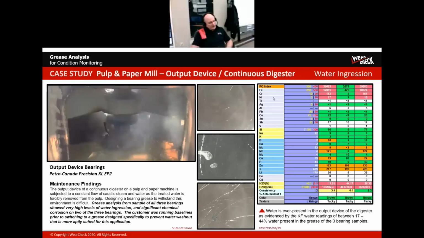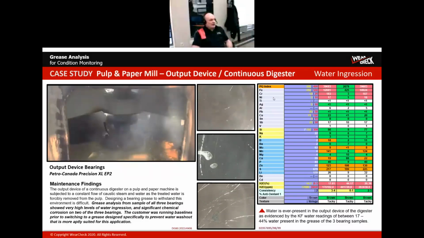So the picture on the top left is of an output device on a continuous digester on a pulp and paper mill, obviously the wet end. And it's difficult to see what you're looking at there because there's so much steam, and if you were looking at this as a video, there'd be water pouring across that bearing.